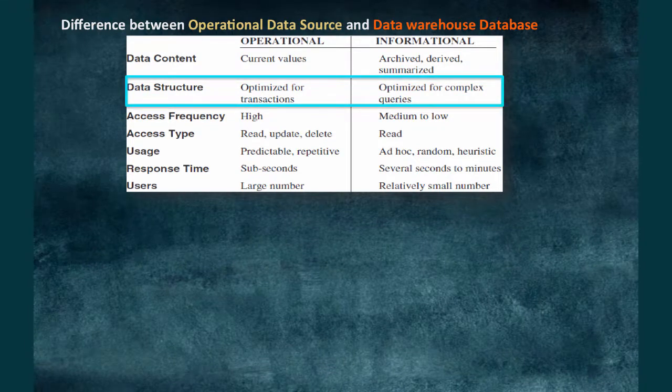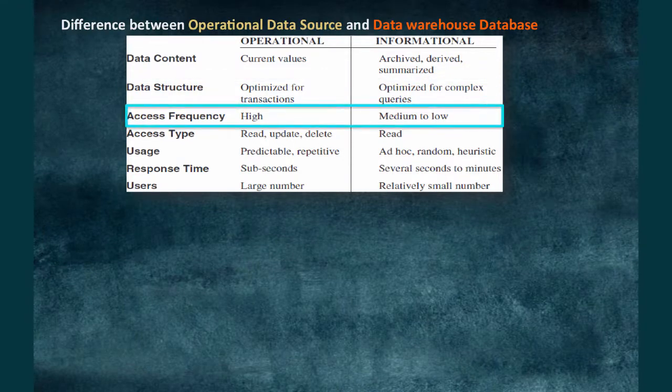Operational data sources are optimized for transaction purposes, but warehouse is optimized for complex queries and reporting analysis. Access frequency. Since operational data source is used for daily business transactions, the access frequency is very high, unlike warehouse, which is used for analysis and reporting.